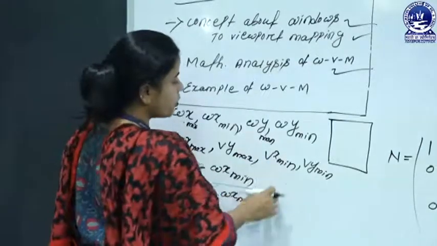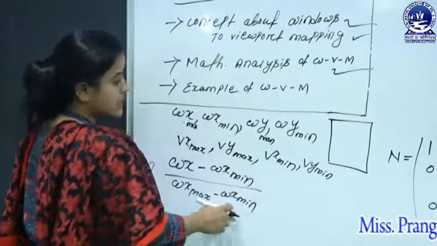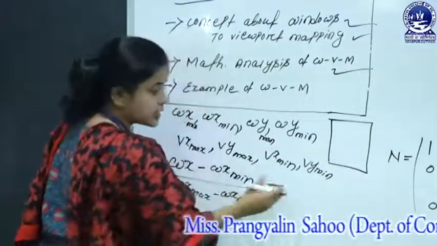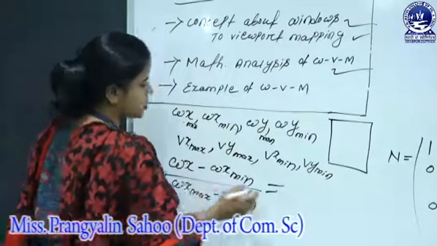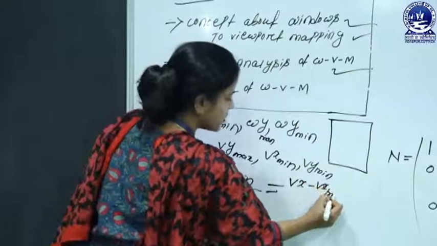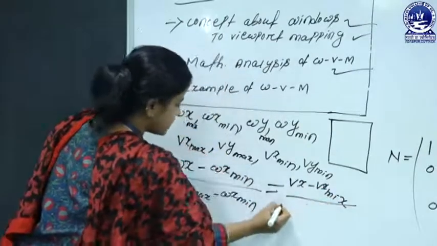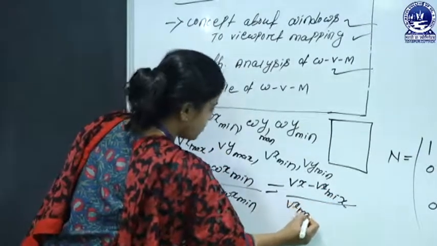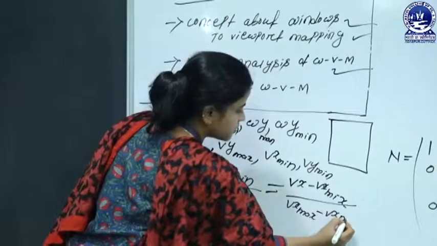Similarly, the viewport coordinate of the x-axis is also related to the world coordinate system. Similarly, that is Vx minus Vx minimum divided by Vx maximum minus Vx minimum.